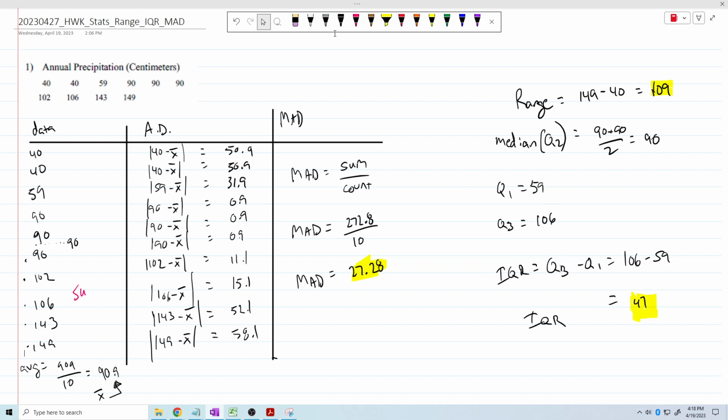The reason we do interquartile range is because we want to look at our data. We want to find measures of variability, and we want to be able to make calculations based on our data without the effect of really wild outliers, which we may get a lot more into in a future video.